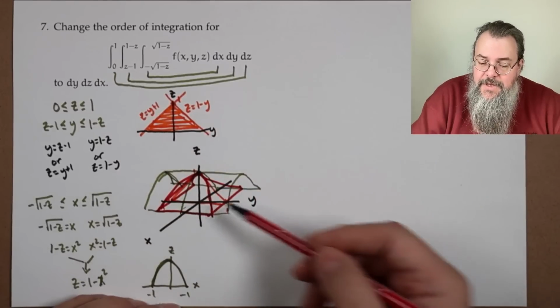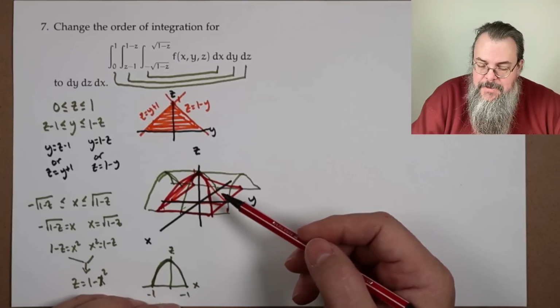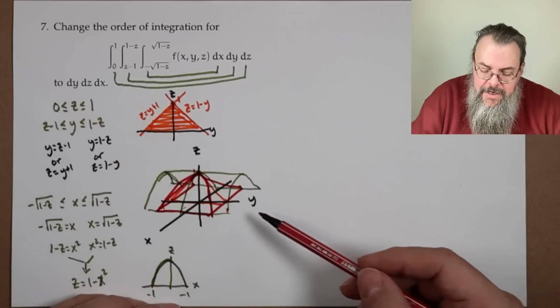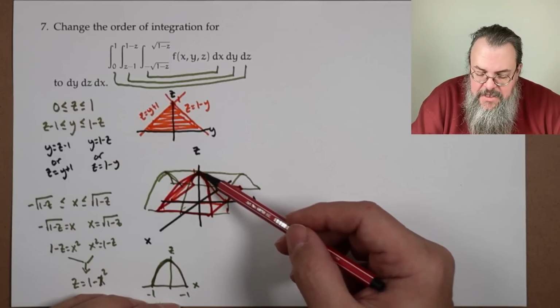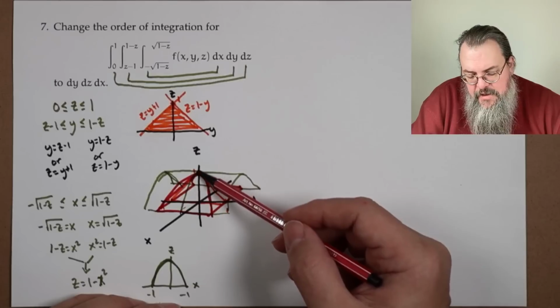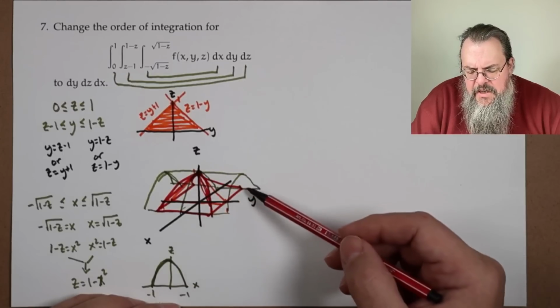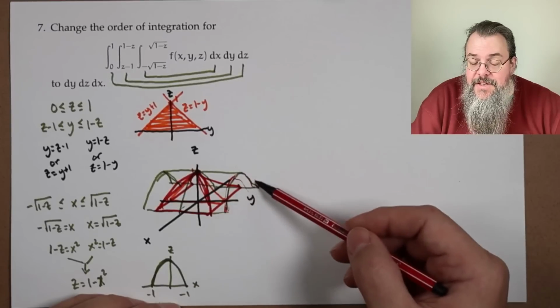What would we see if we were looking down the y-axis? Because that's what we need to figure out. Well, if we look down the y-axis, I probably have my shape a bit wrong here, but what we would be seeing is this parabola.